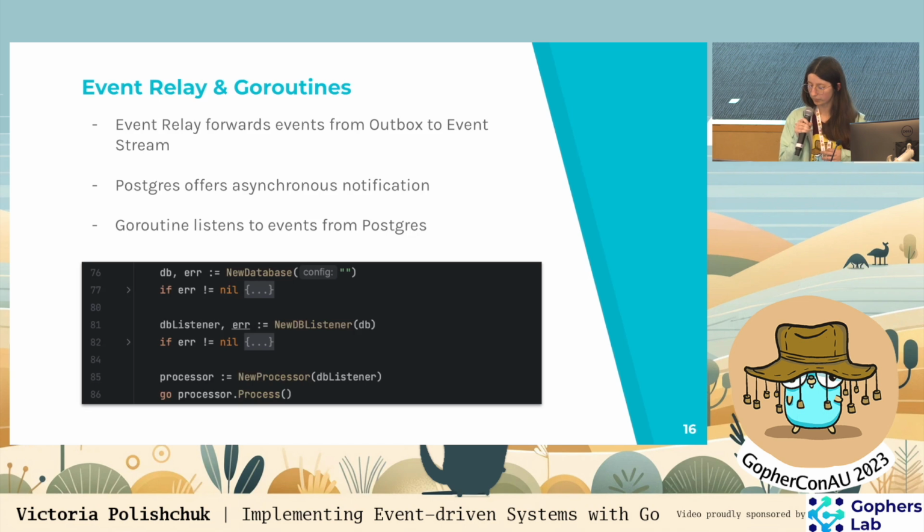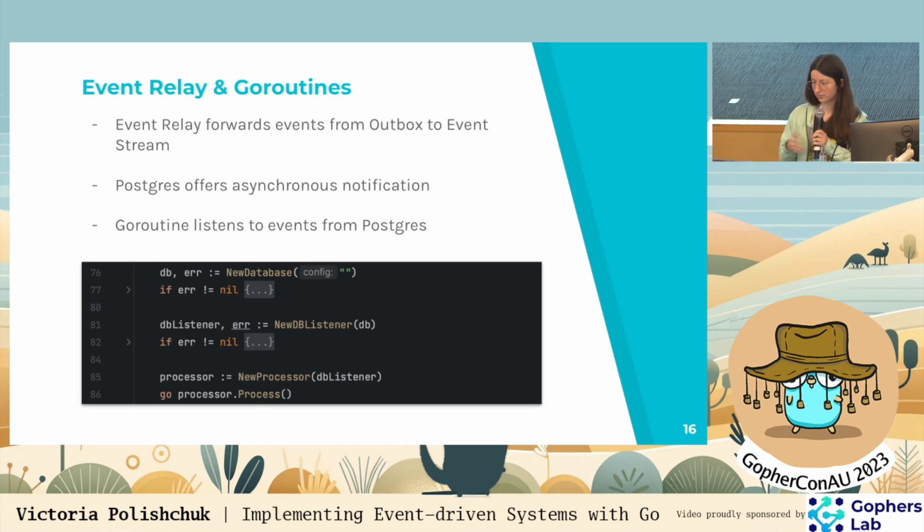And with Postgres, we can utilize functionality that is offered by Postgres for asynchronous notifications. So when there are some changes made in the outbox, new events appearing, we can listen to the notifications and process them.